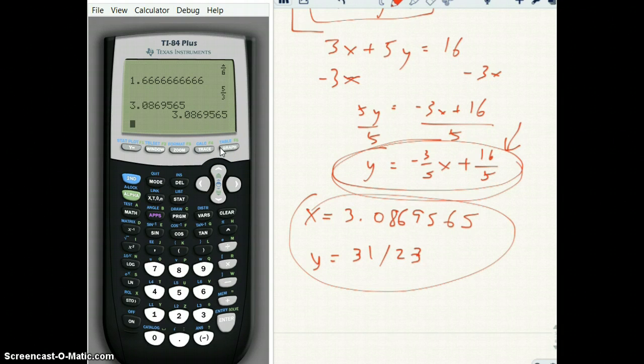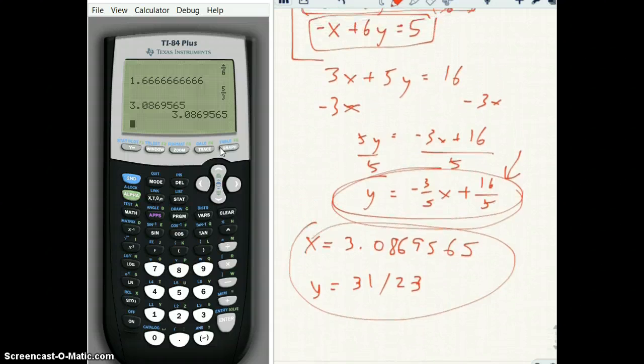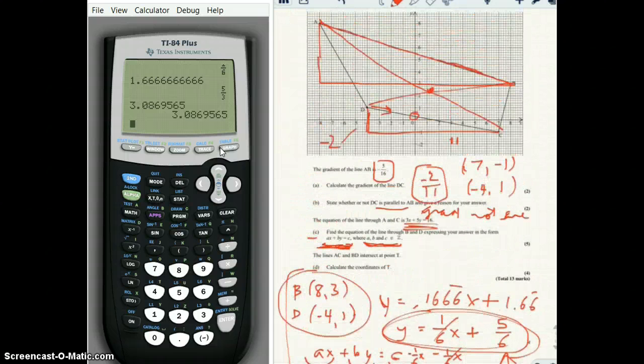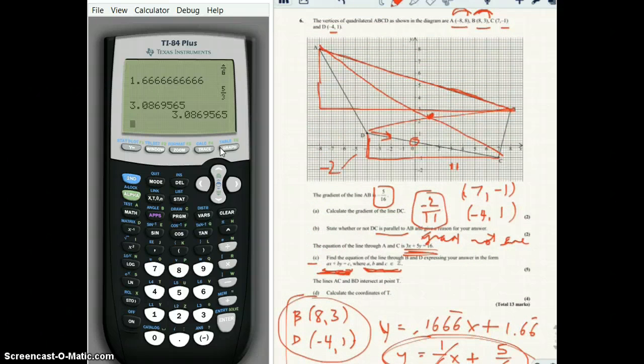Let's look at the graph and see if that's about right. X is about 3, a little bit more. 31 divided by 23 is about 1.5. I would say that is wrong, because when I draw BD and AC, I don't know, maybe it's right.